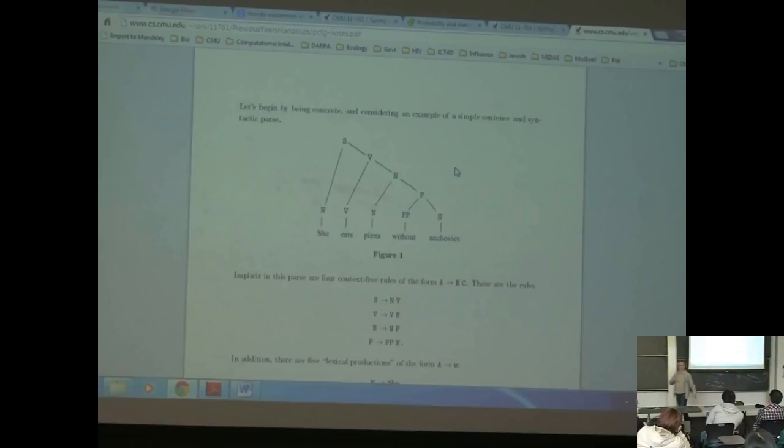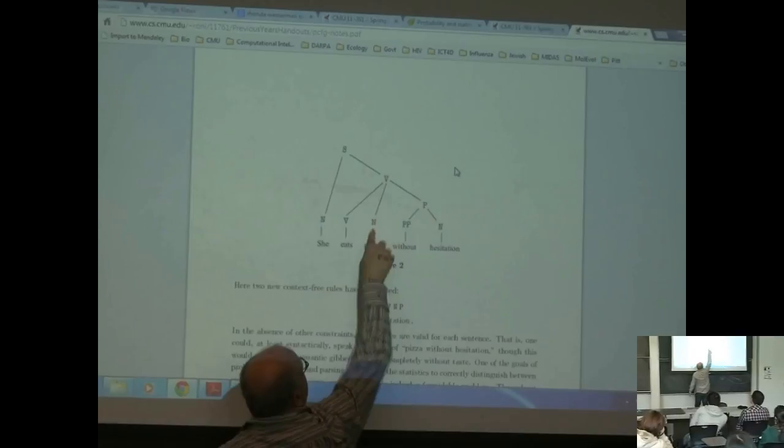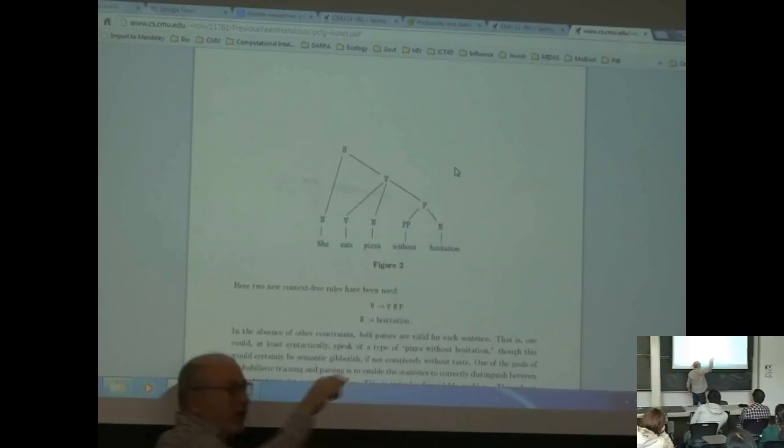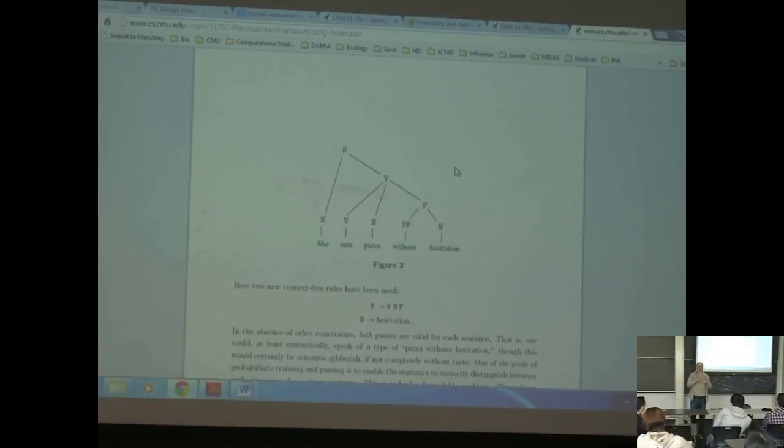What kind of pizza without anchovies? If you look at the second one, she eats pizza without hesitation, the prepositional phrase without hesitation modifies not the pizza, but the eats pizza. How does she eat it? Without hesitation. So there's a very nice example of two trees that from a context-free grammar point of view could apply to either one of the two sentences.